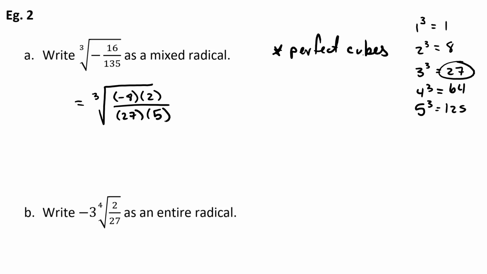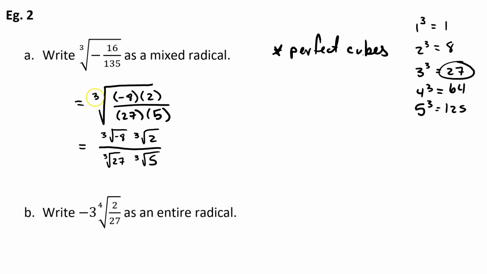So what I can say here is the cube root of negative 8 times the cube root of 2, not 3 times 2, this is the index, over the cube root of 27 times the cube root of 5.